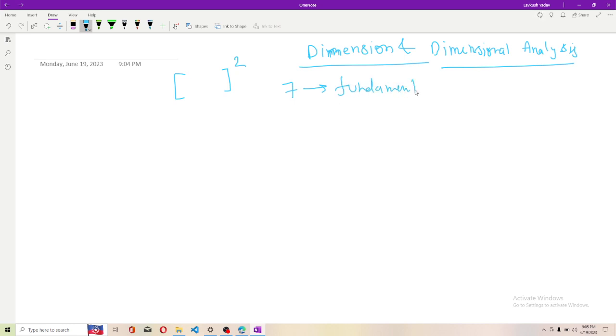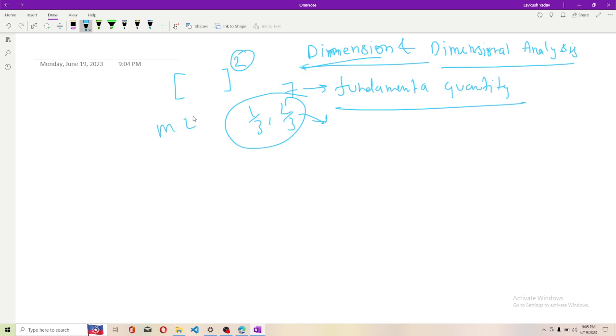So the dimensions are the powers on these fundamental quantities. They can be 1 by 3, 2 by 3, anything, but they are numbers. It is not M, L, T, but these are the powers. Suppose 3: here the power of M, where M is mass, L is length, T is time, so the dimensions of these quantities are 1 to 3.